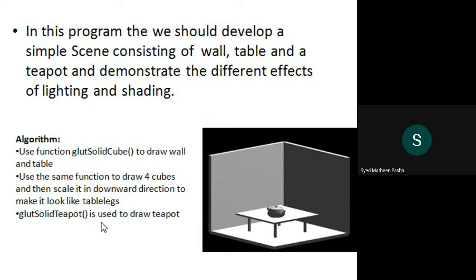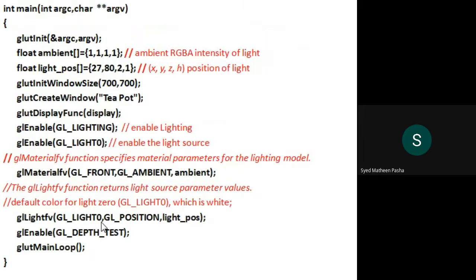So we'll check out how the program works. As we all know, the program starts with the main function, which consists of 2 arguments, argument count as well as argument vector. Then I will initialize the glut library by passing the address of the argument count as well as the argument vector.